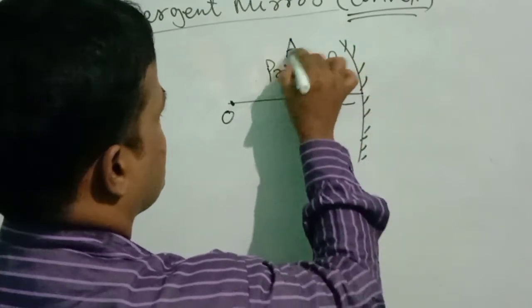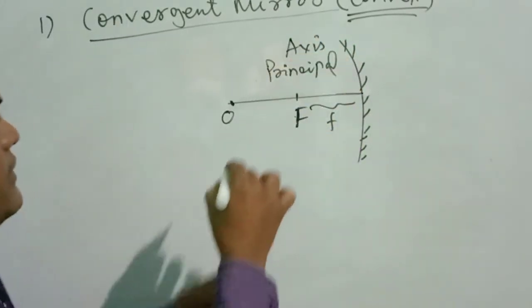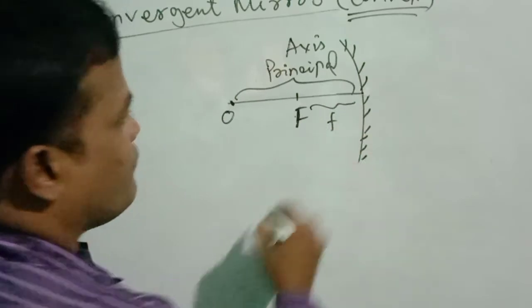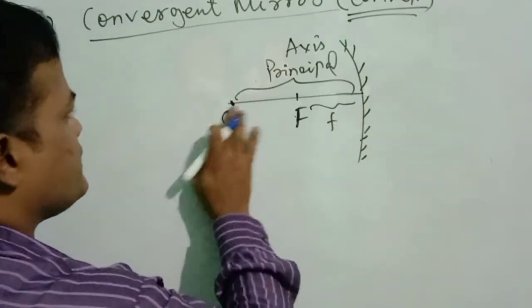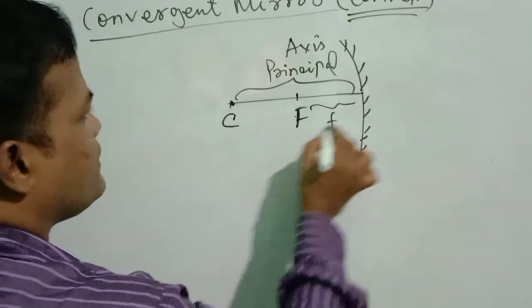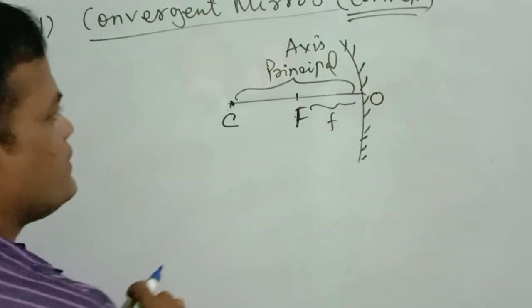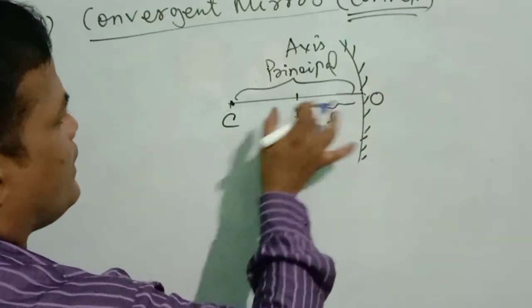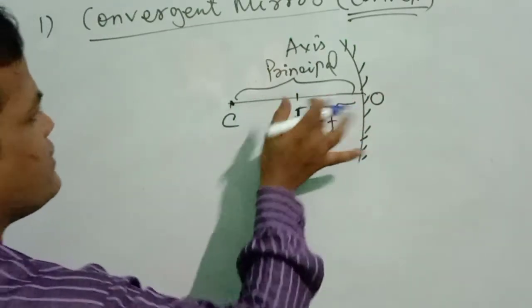This is called the principal axis. This is called the center of curvature. This is the optical center, so this is the radius of curvature.